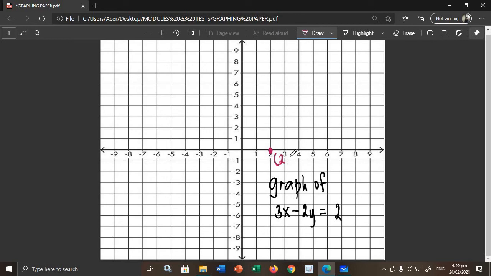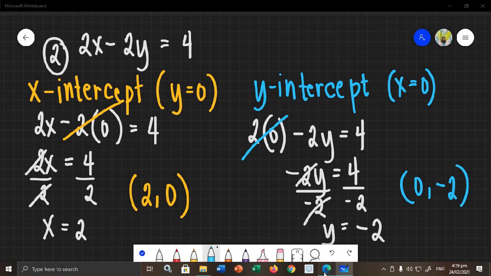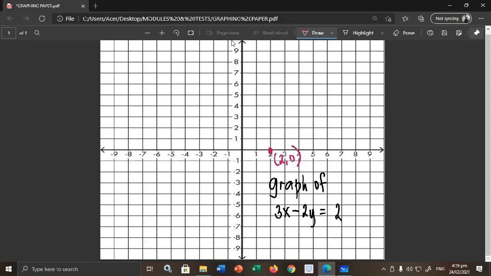So, dun siya, 2, 0. How about your y-intercept is 0, negative 2. Y-intercept is along the y-axis. So, andito siya. 0, negative 2.